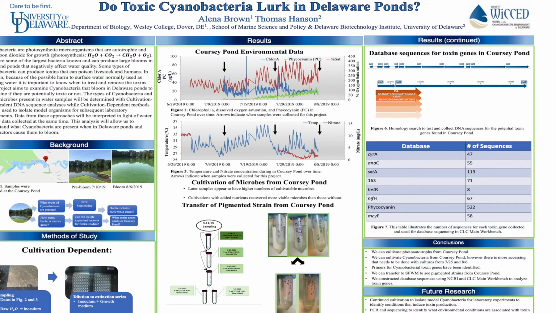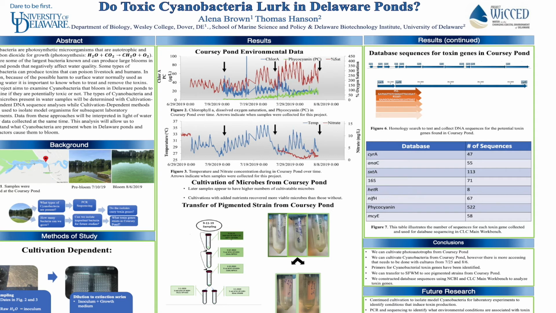Figure 7 here is a database that shows the number of sequences that I have for each toxin type. For example, I have over 100 sequences for saxitoxin, or 47 sequences for slender spermopsis. What I want to do with this information is eventually create a phylogenetic tree, and ask, what does this potentially tell us about their function?